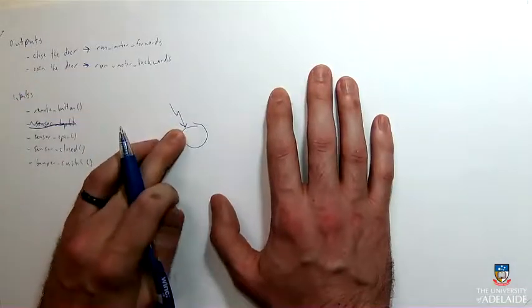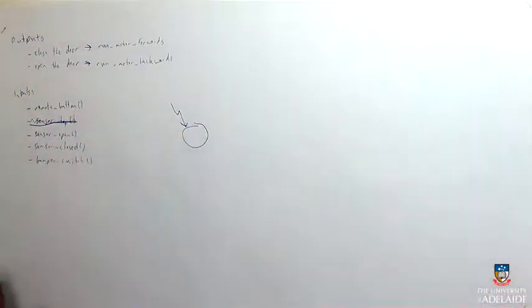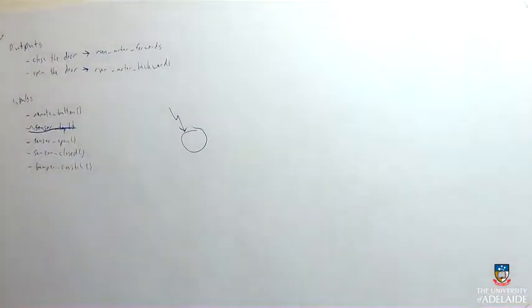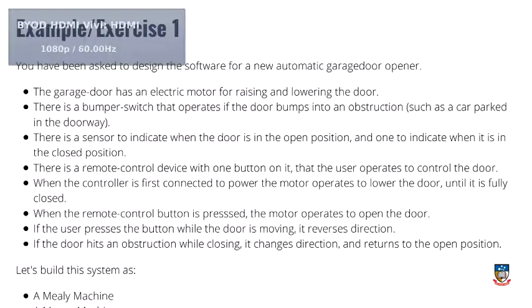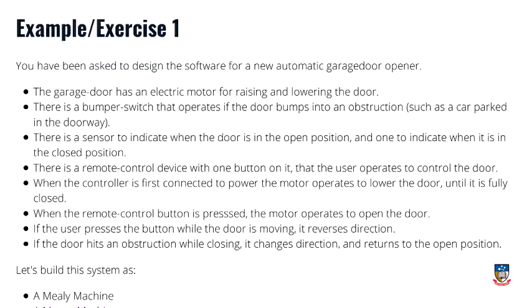So lightning bolt as usual to indicate the state that we're entering into, and then we are going to add behavior. The motor operates to lower the door until it is fully closed.